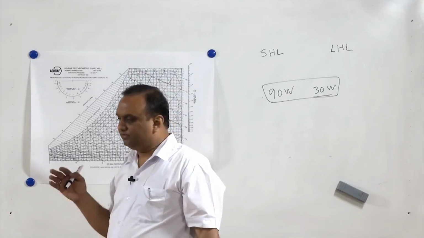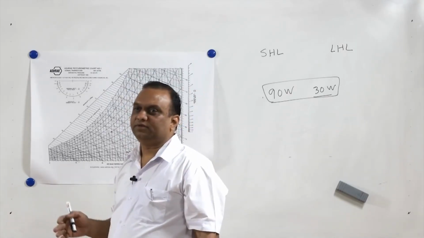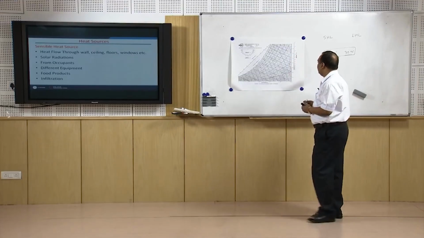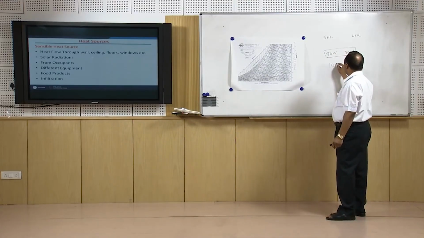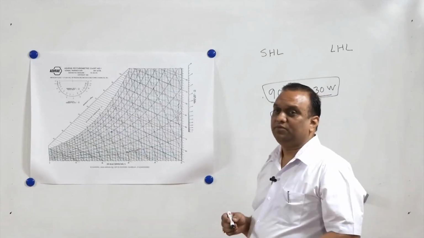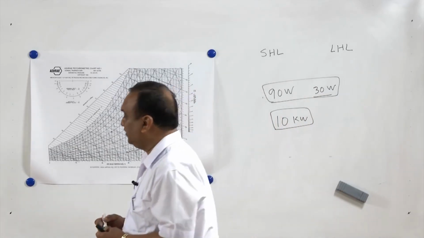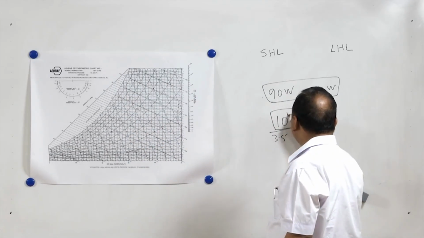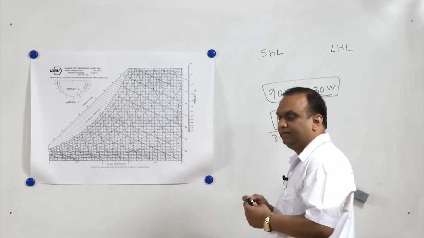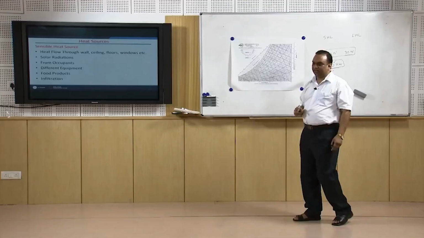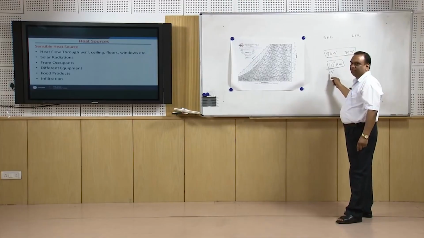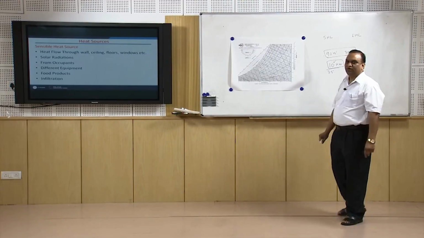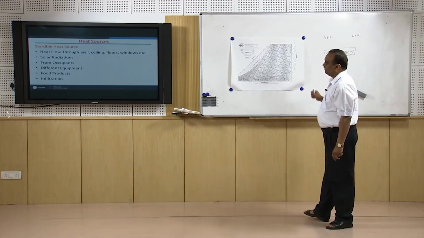So if this room is occupied by 100 persons, together they will be adding more than 10 kilowatts of heat, and 10 kilowatts divided by 3.5 means the cooling load by the occupants alone is going to be around 3 tons.